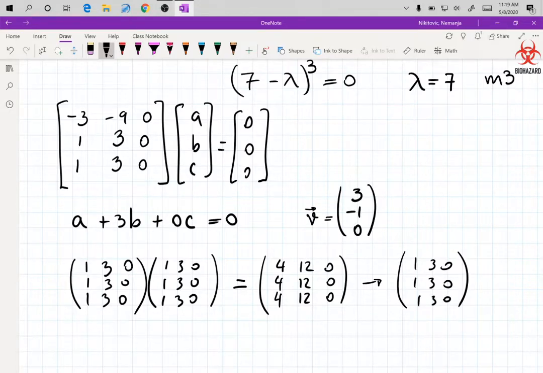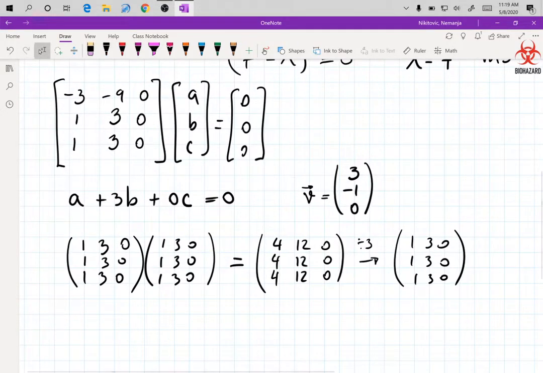as you can see when you divide each row by 3. And now this is the case where you go into multiplying with the vector, right, to come up with another vector where you use the old vector.